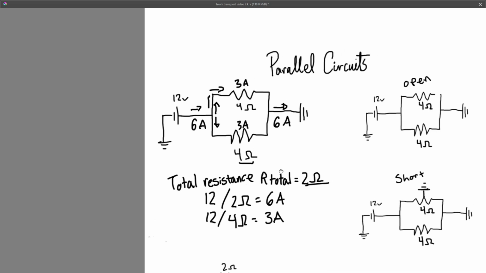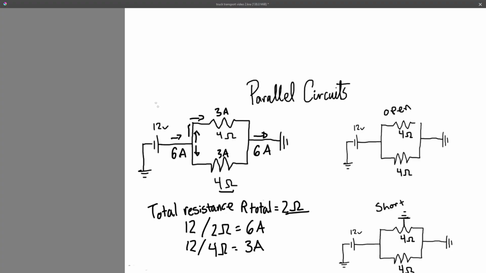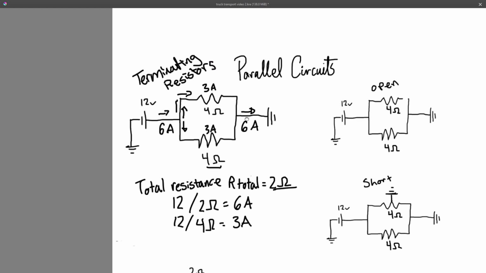Now, I don't want to get into this too much right now. In our CAN bus networks on a heavy duty truck, we have what's called terminating resistors. Basically, in a communication network, they put in two resistors on either side of a big long parallel circuit, and those resistors absorb noise or unwanted signals being sent back and forth between computer modules.